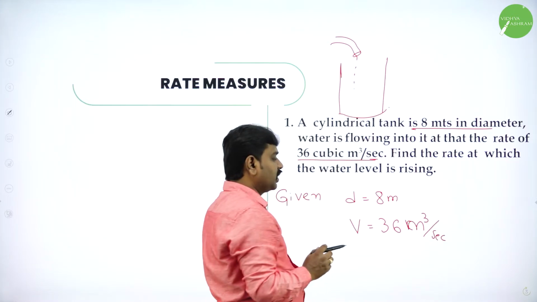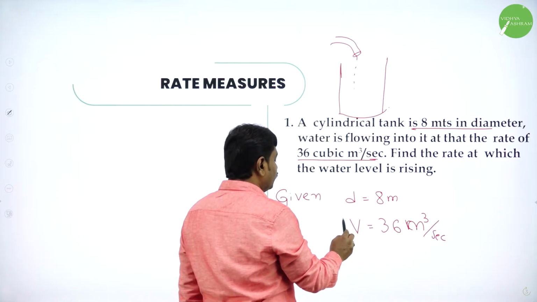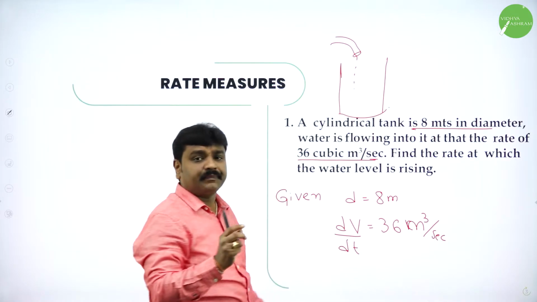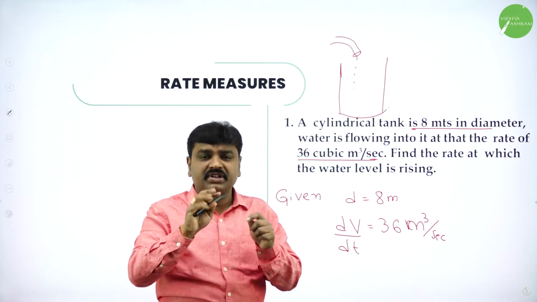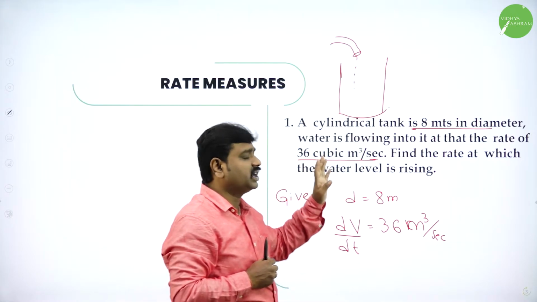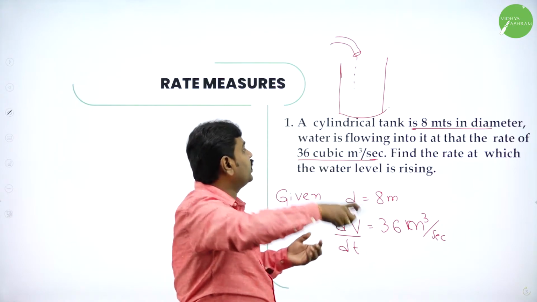They are not talking about just meter cube. Per second means rate of change of volume. They give d by dt of V. Please understand, here they have not mentioned the word volume, but the unit will help you to decide. So water is poured into it.